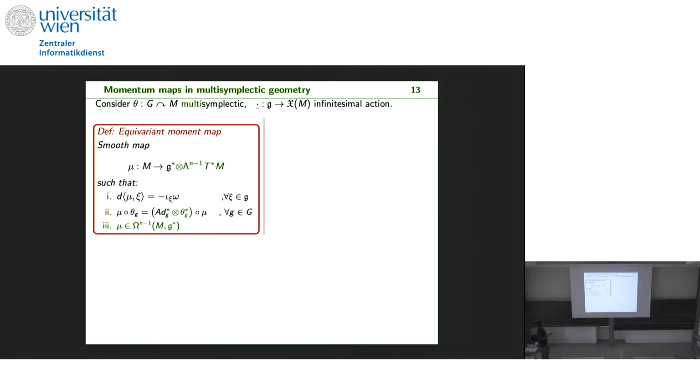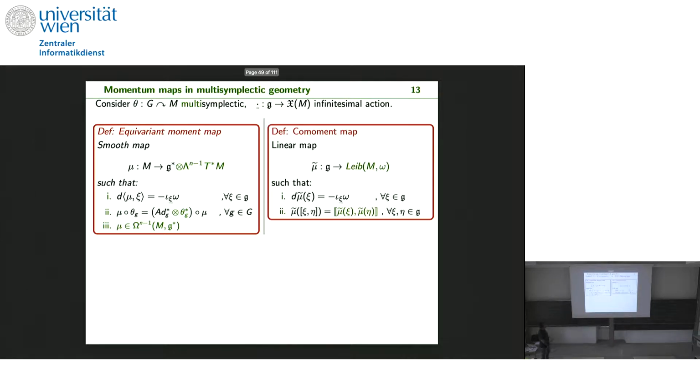So the equivariance condition now requires considering also an action of this space. And there is a third compatibility condition: this smooth map is not only a smooth map, but it also has to be a section of the corresponding bundle over M. So this is condition 3.